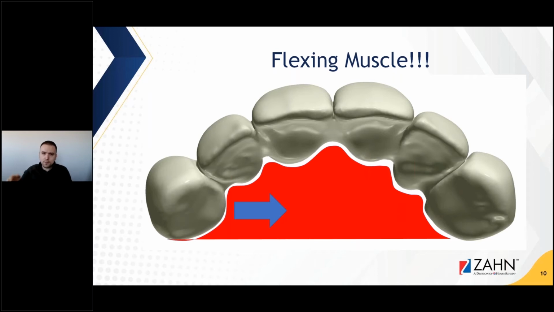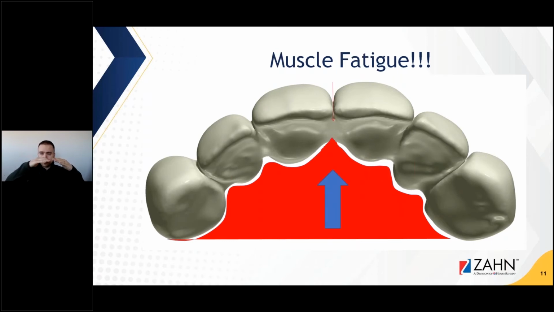So the force keeps bouncing from one side to the other. And if you have a nice rounded feature, like you see here, the force gets to travel freely from one side to the other.